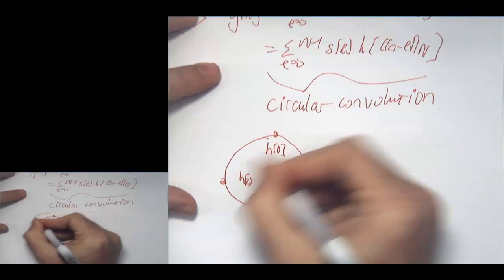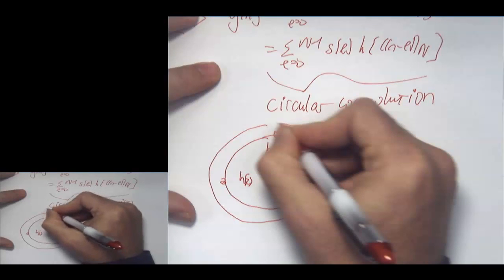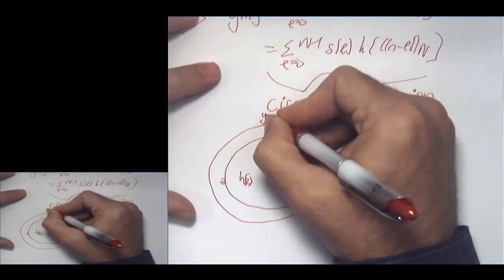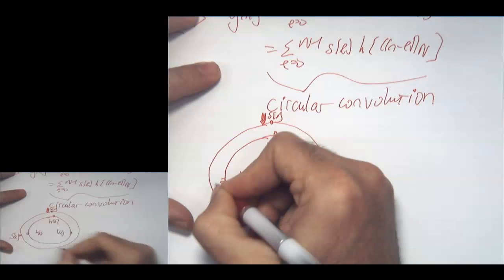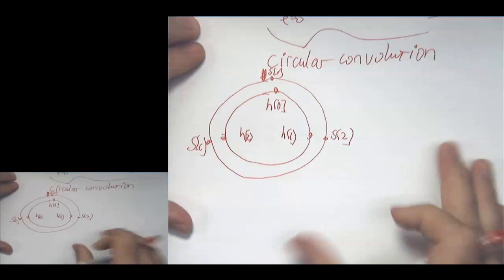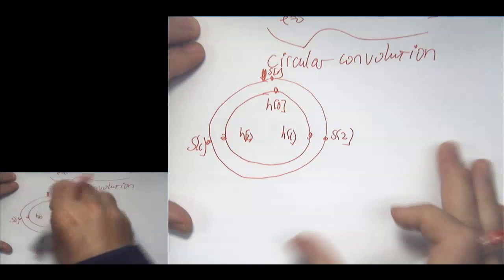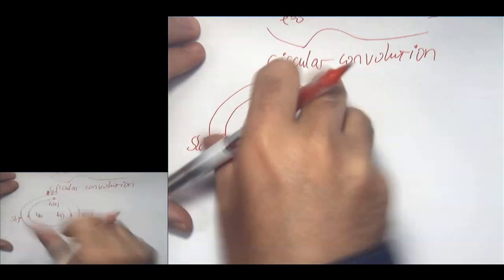You have these two concentric rings. Let's call this S of 0, S of 1, S of 2, and you go through here and turn the lock this way.